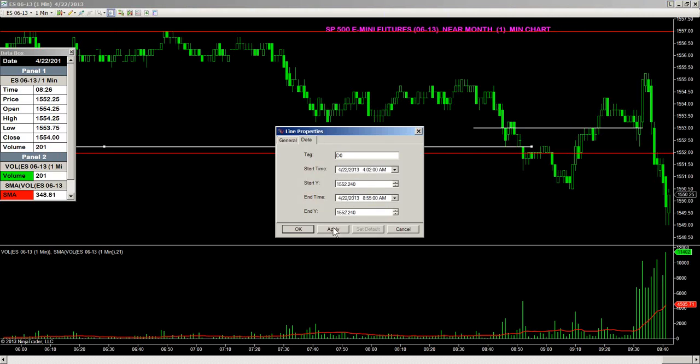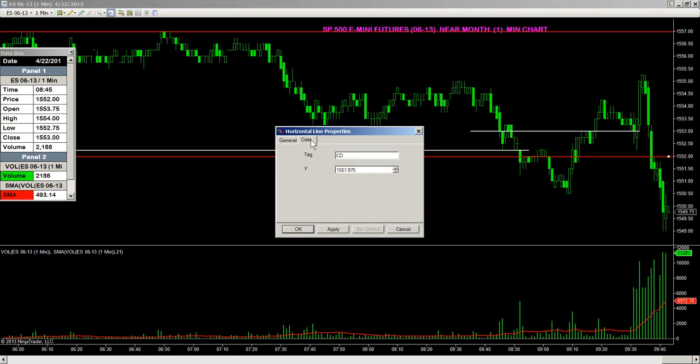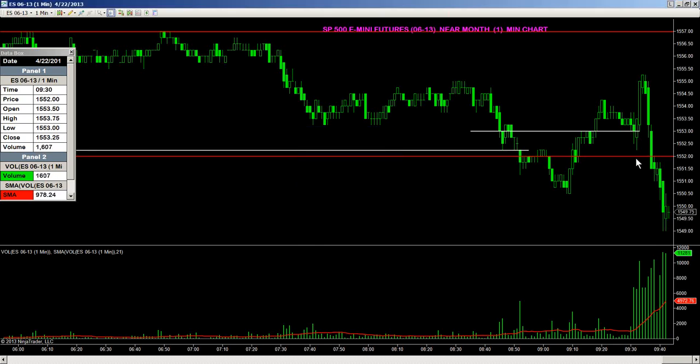The levels are 1552.25, and again right here at this level in red, 1552.